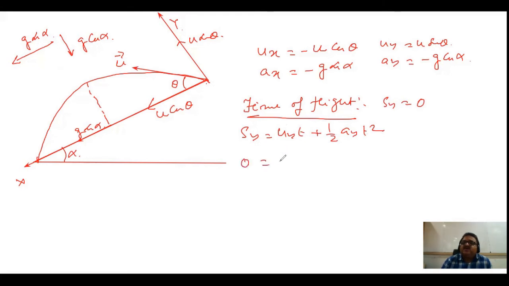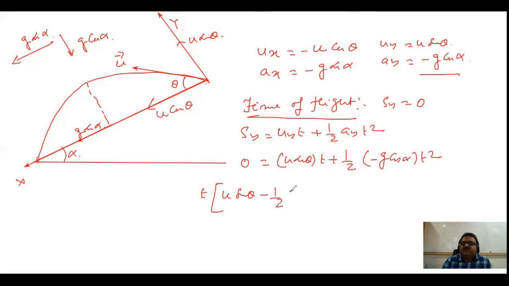What is Uy? u sin theta, into t, plus half, what is Ay? Minus g cos alpha, into t squared. Taking t common, (u sin theta minus half g cos alpha t) t equals 0.